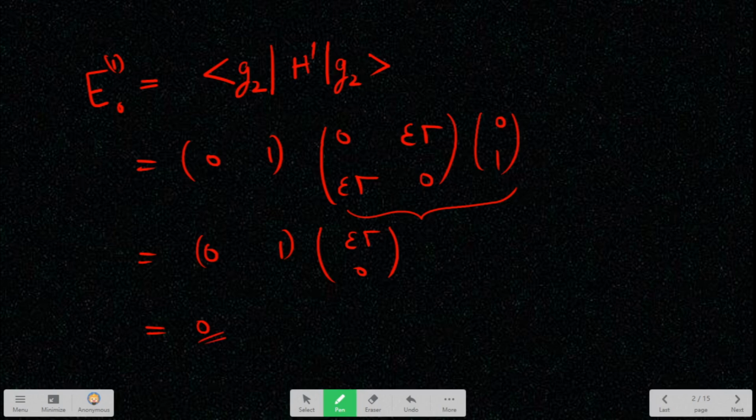Now let's calculate the second order correction to the ground state. Let's write the general definition first.